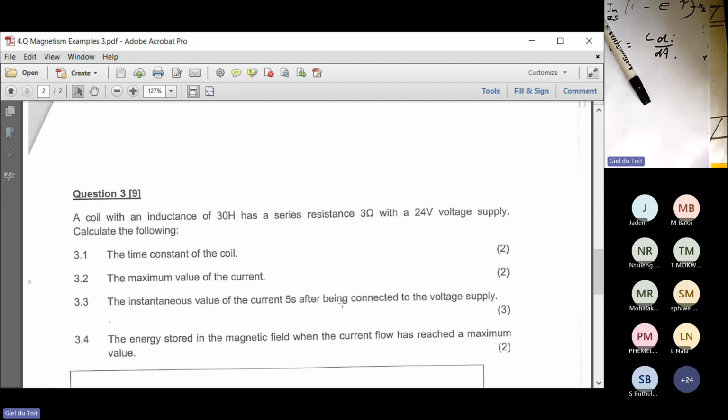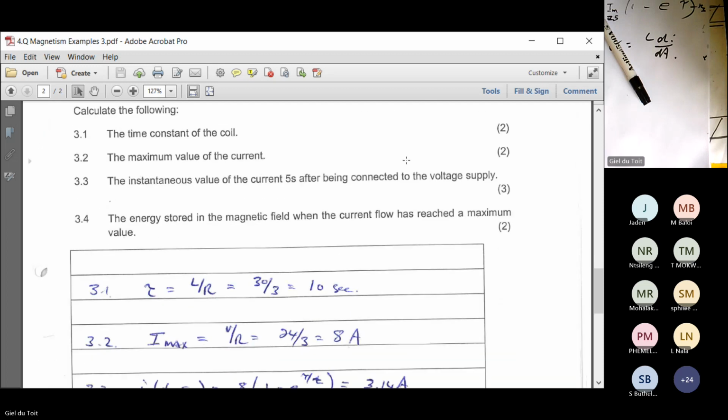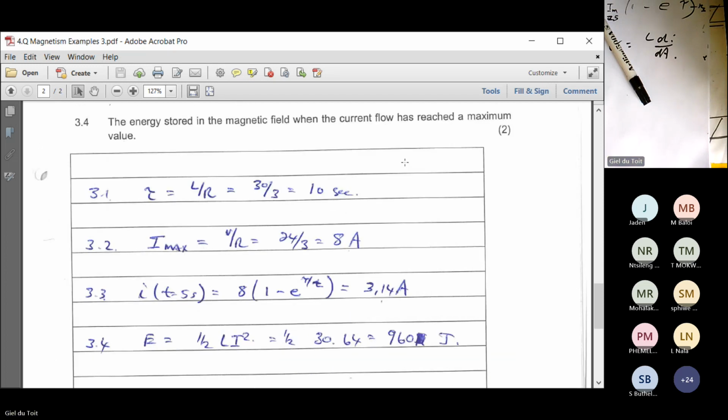How much? So there's your answer. I got 3.15. Okay, you're right. I was wrong. I said 8 to 10, I was totally wrong. There it is, 3.15.